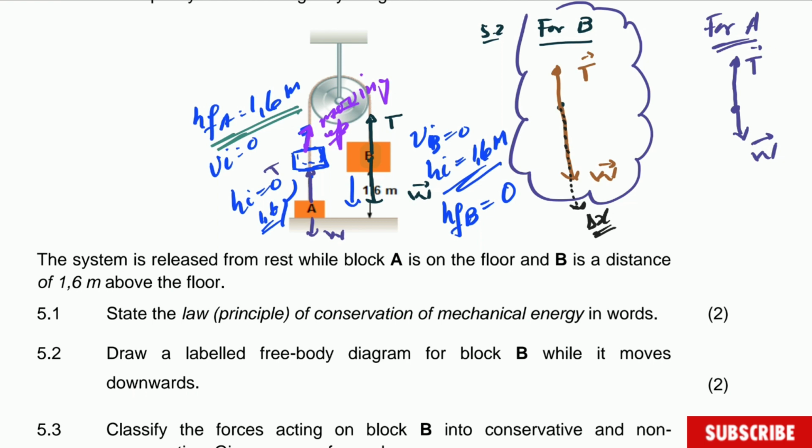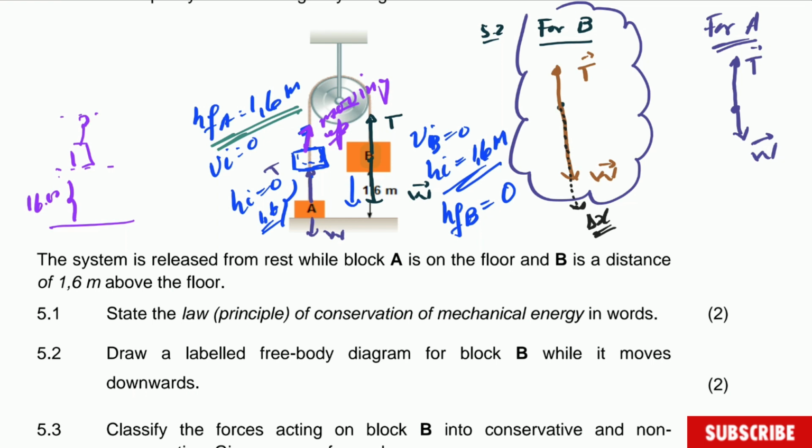From there, the tension is not going to be acting on the block anymore. B reaches the ground, but A, due to inertia, continues moving a little bit more from the 1.6 meters. So it continues moving up to a certain height. That is what we are looking for.